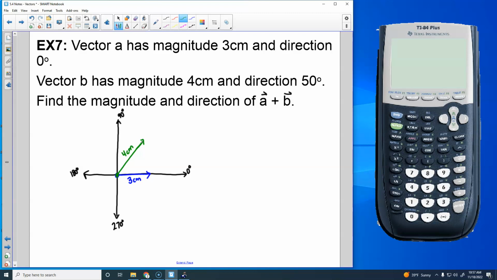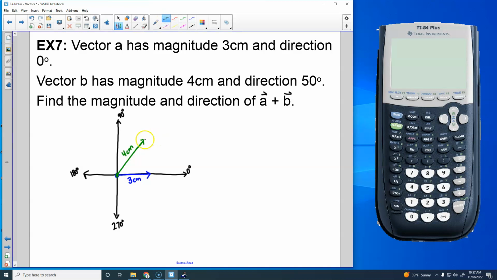Now, I need to use parallelogram. If I'm using parallelogram method on this, which I have to do because I've put both endpoints at the same place, then that means I've got to make a parallelogram. All the problems you've done so far have been rectangles, right? This is not going to be a rectangle.